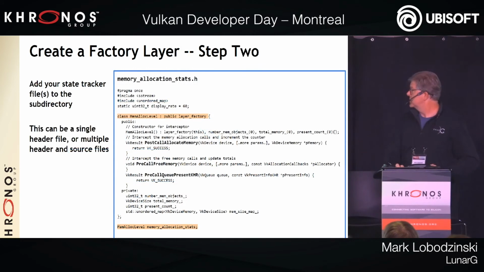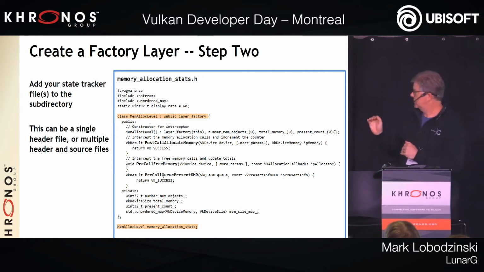The second step is that you would create some state tracker files in there, and this can be a header file or a header and CPP. There's some examples in there that we'll talk about later. But basically, these just define your interceptor object. And then all you have to do, which I can't show you right now, is override the pre and post call points that you want to intercept.